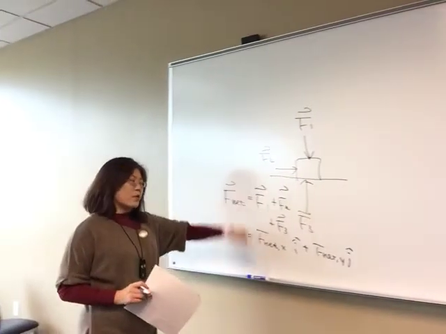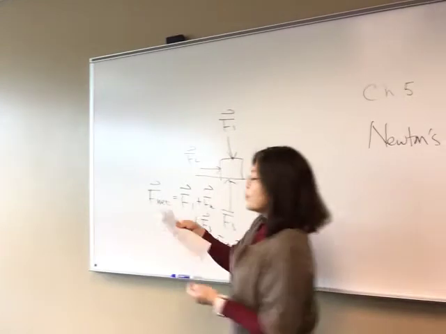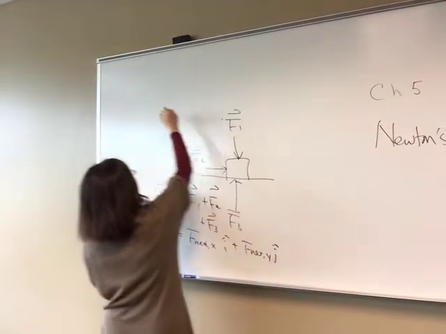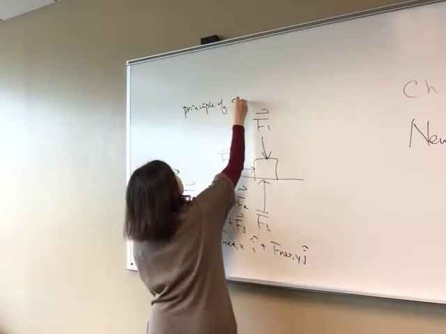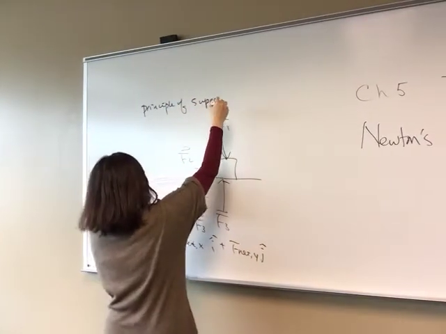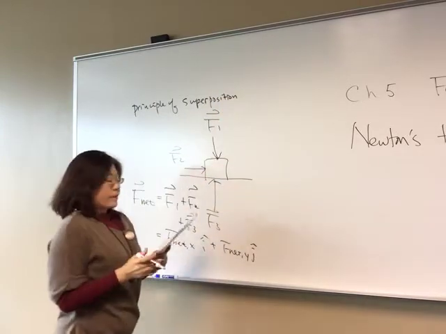This is, of course, dealing with a two-dimensional case. All right, so this is what we call the principle of superposition. You're just adding all these forces together vectorially, okay?